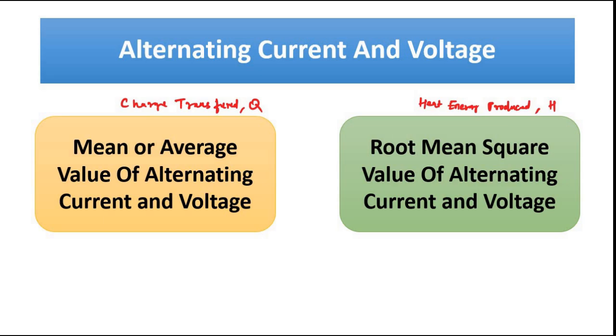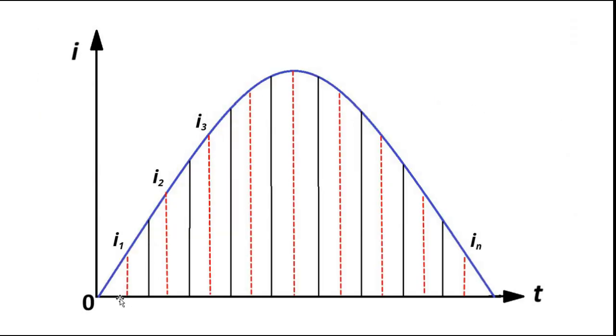Now we discussed the root mean square value in a similar manner as the mid-ordinate method, where we consider any half cycle of a signal and divide it into equal parts on the time axis. The width of each part is the same on the time axis. The middle portion of each part we call the mid-ordinate value.